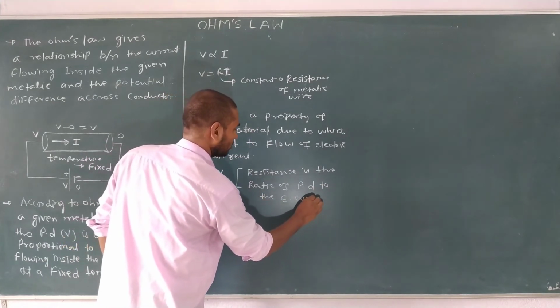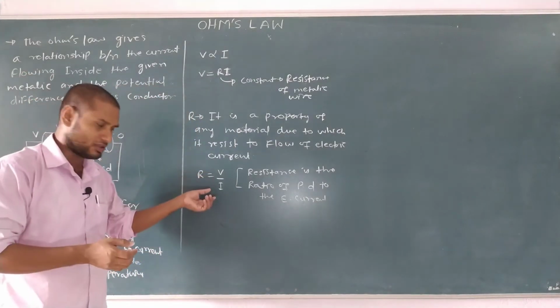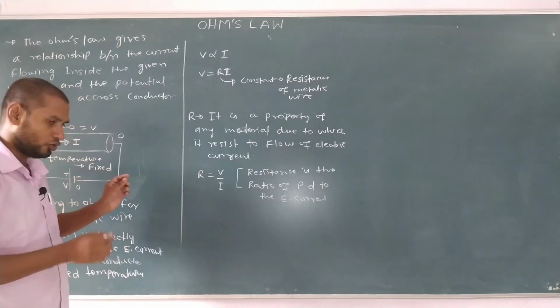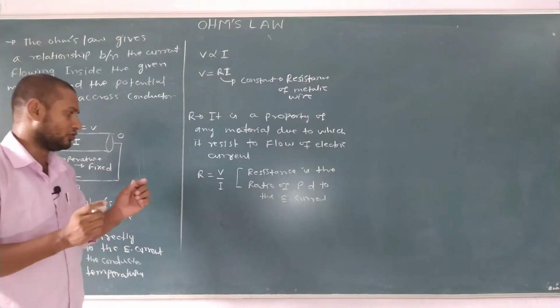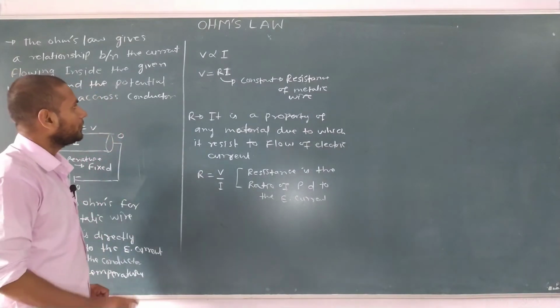And as you divide the potential difference by electric current for a given conductor, you will get a constant value. This constant value is called resistance. I hope you are able to follow me.